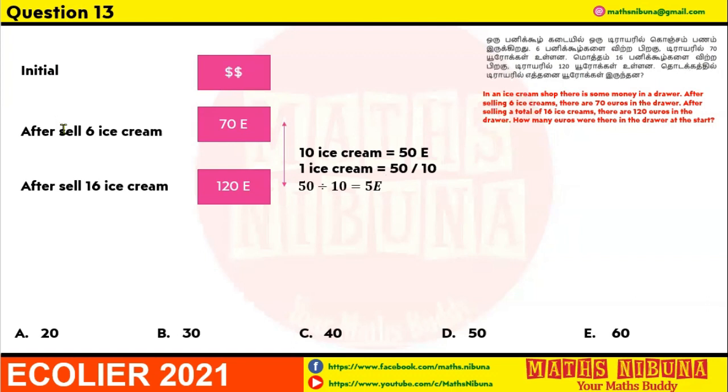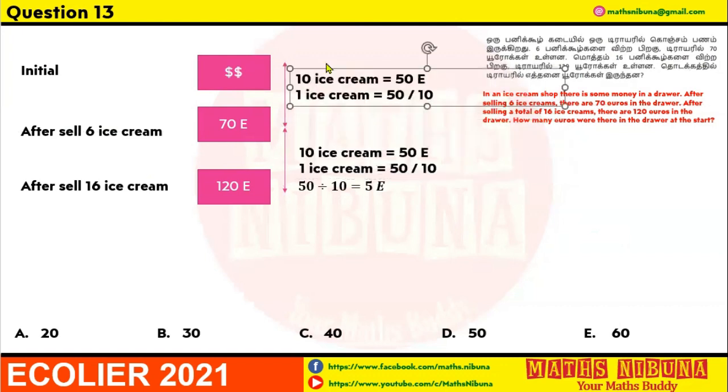Now, from the first year to the second, he sold 6 ice creams. If one ice cream is 5 euro, look at this part here, which I put in another color.